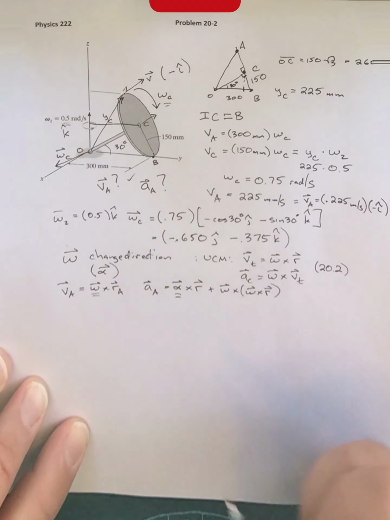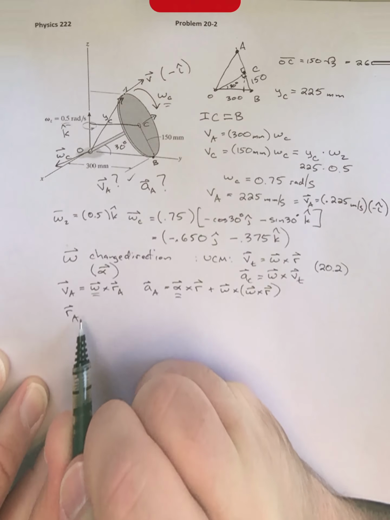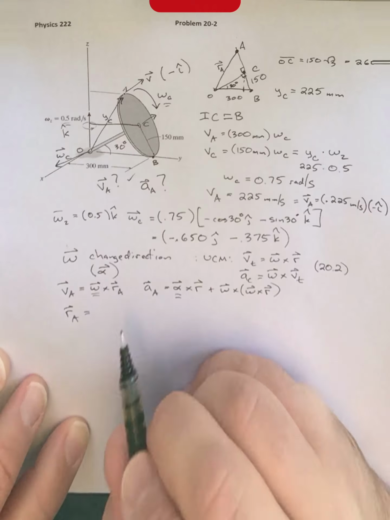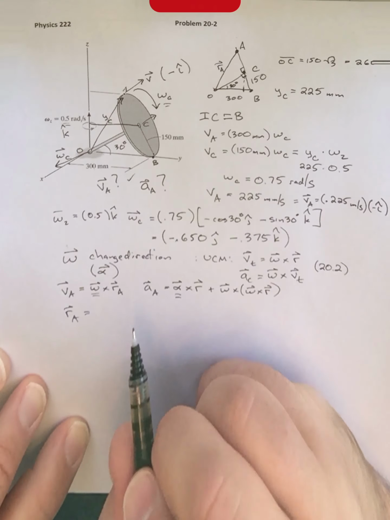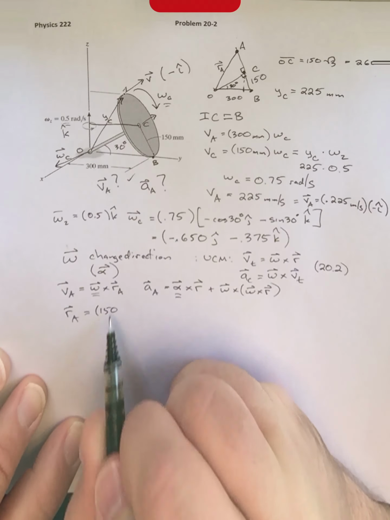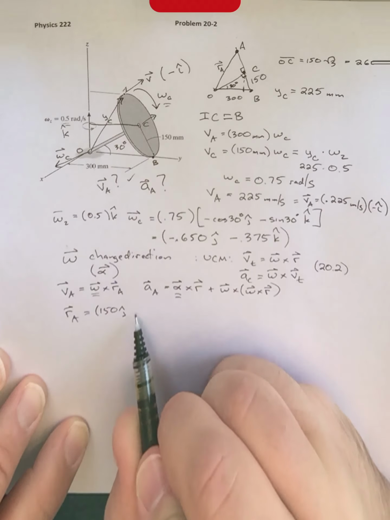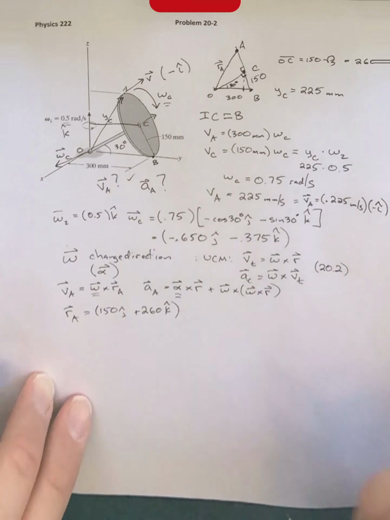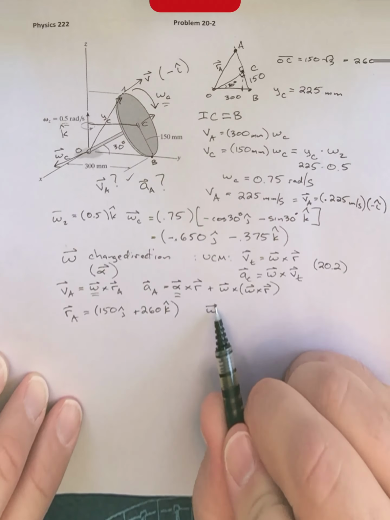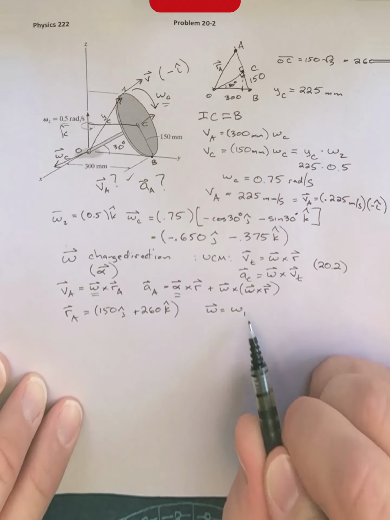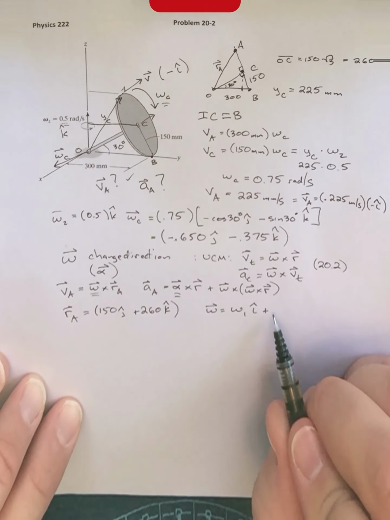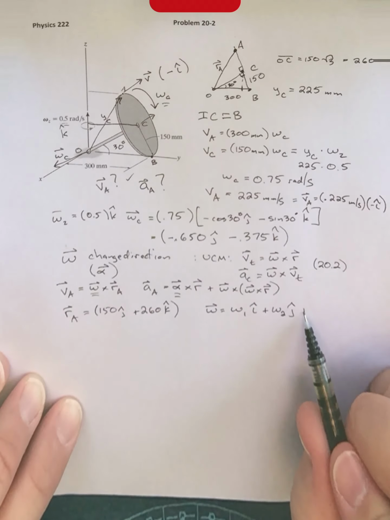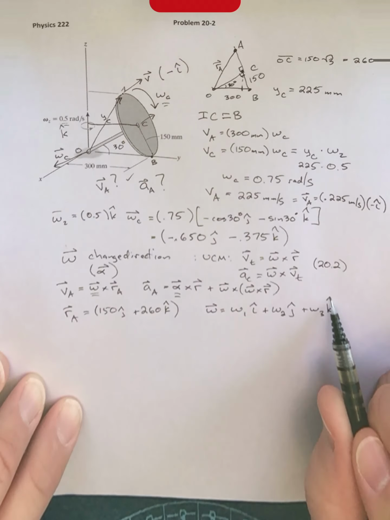Well, the first thing we know is that if we were to write down our R sub A, again, just using the information up here, that is going to have a value of 150 millimeters along j hat plus 260 millimeters along k hat. And let's assume for the moment that we don't know any of the components of our omega. So I'm going to call them omega 1, 2, and 3, because we're already using a subscript z up there. Again, it's a three-dimensional vector.